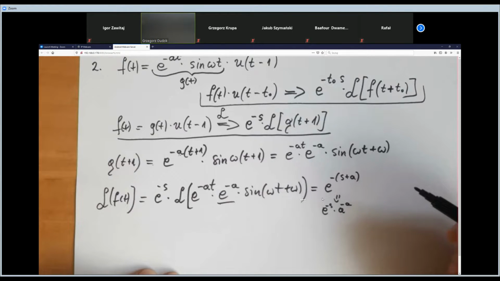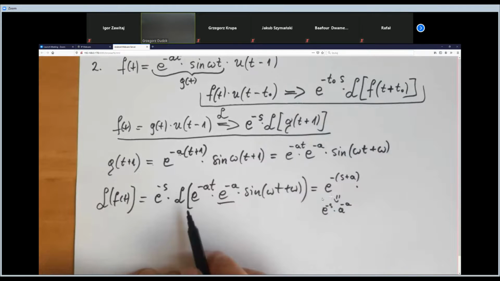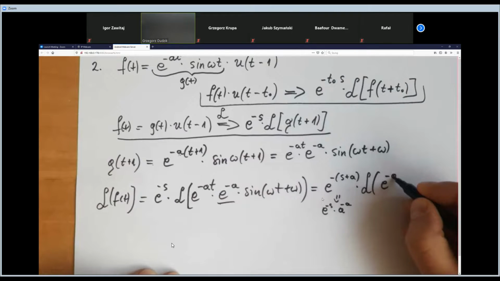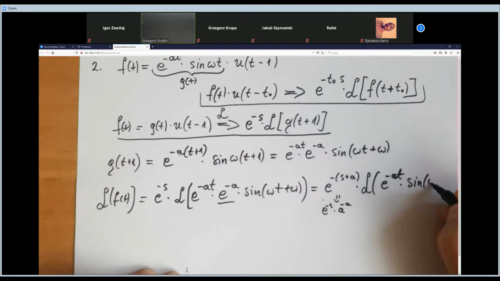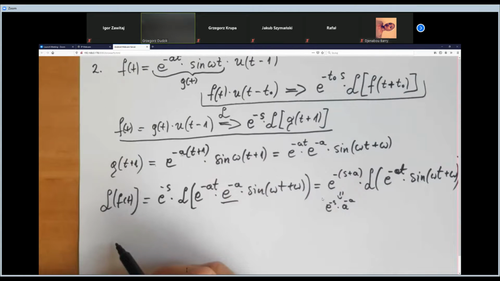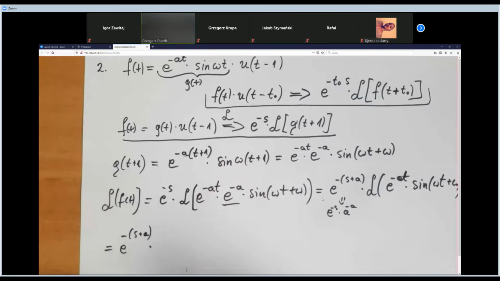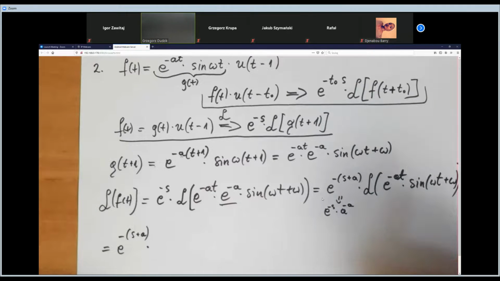All right. So times the Laplace transform of e to minus a t times sine omega t plus omega. So this is equal e to the power minus s plus a times. What you can do here, look, we know the Laplace transform of the sine function and cosine function.